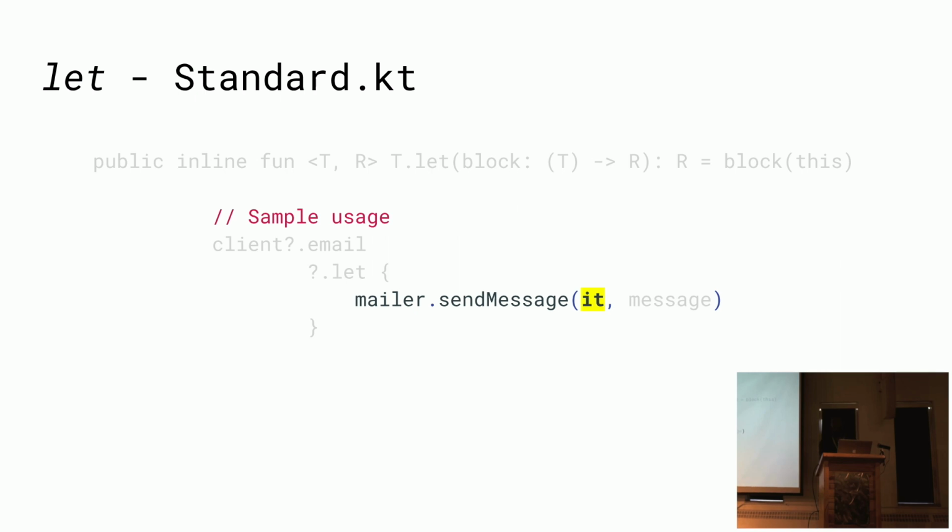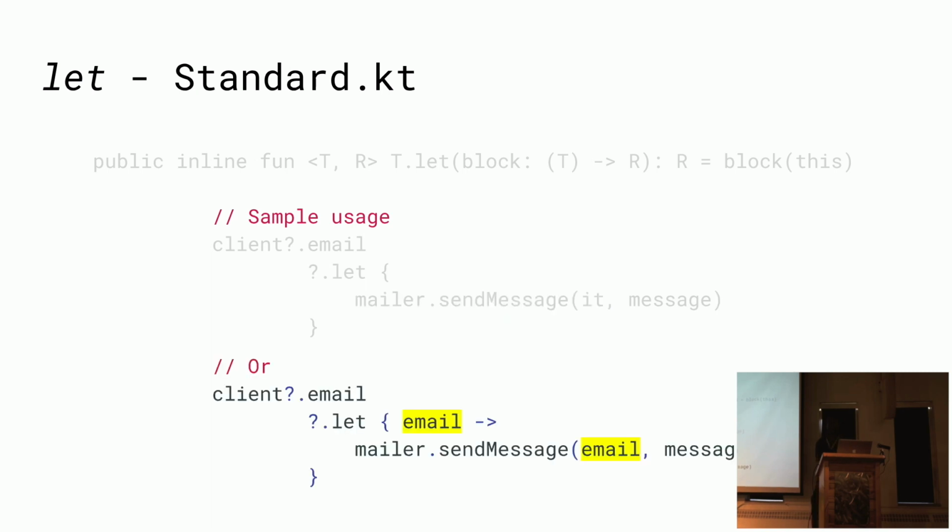And it's also possible to rename this it because it's really confusing. Send message it, it's a bit weird. And I actually recommend renaming these variables to something more readable and understandable at a glance. So you want to let, if the email is not null, then let us send this email with the messenger, you know? It reads really fluently.